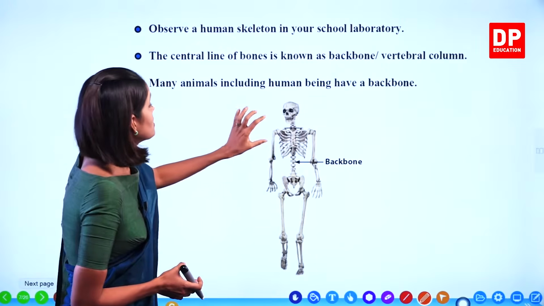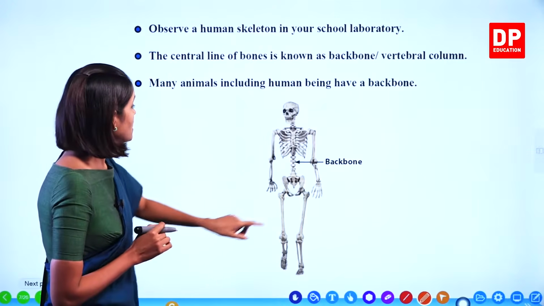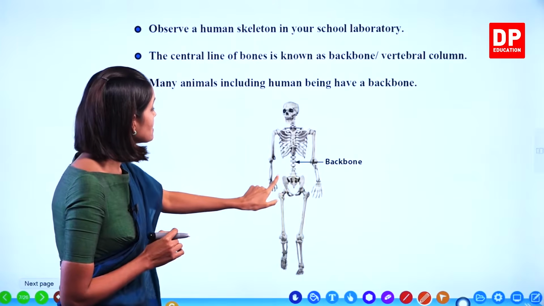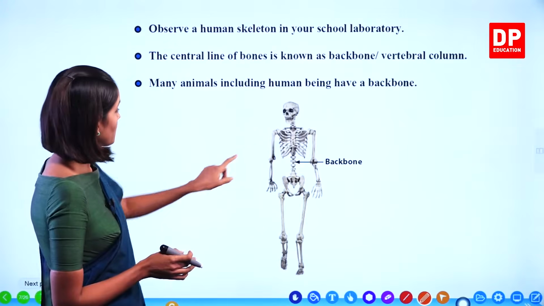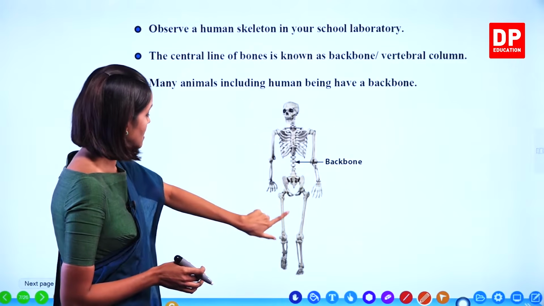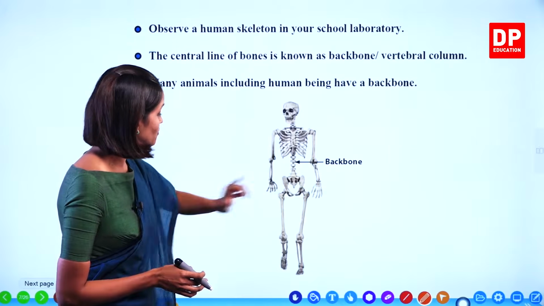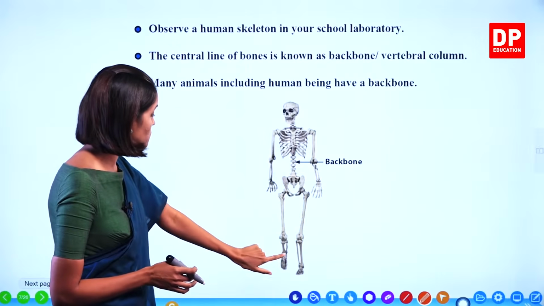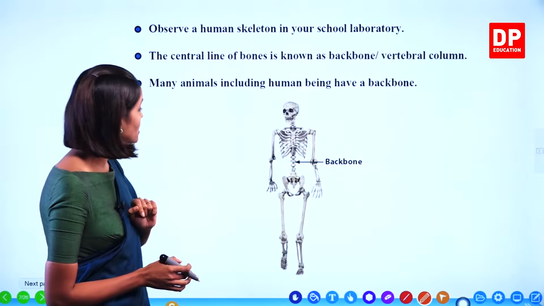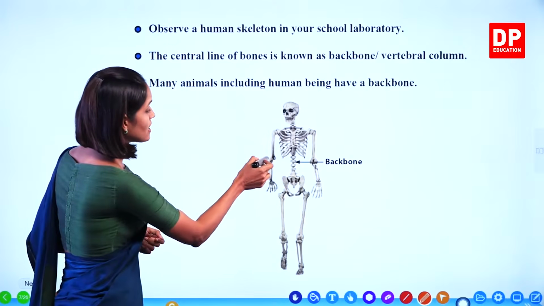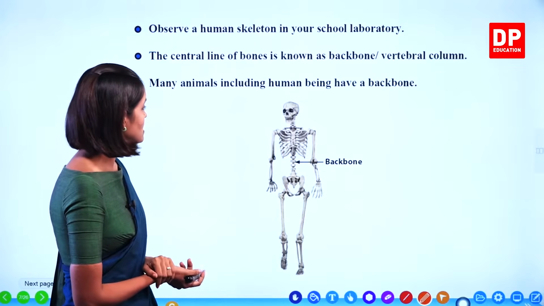So your lungs and heart are present inside this rib cage. And this area is known as the hip bone or pelvic girdle. Okay? So these are the arms and the legs, and you can see the digits of the fingers, right? The toes. And these are the joints. Here you can see the knee joint, and here you can see the elbow joint, right? So likewise, you can see different areas.